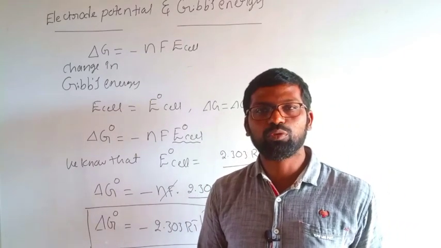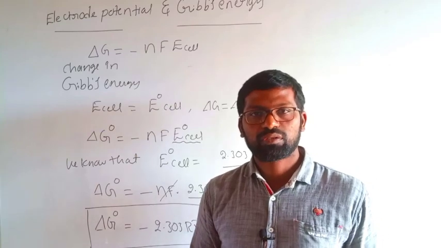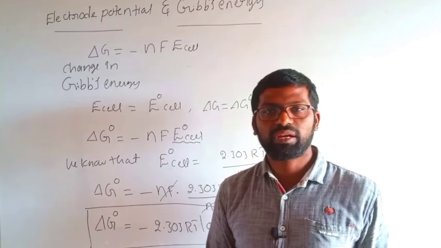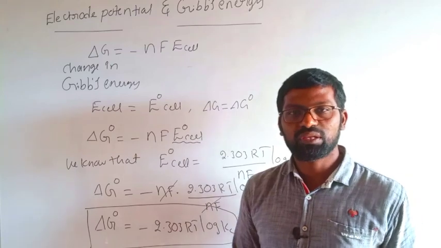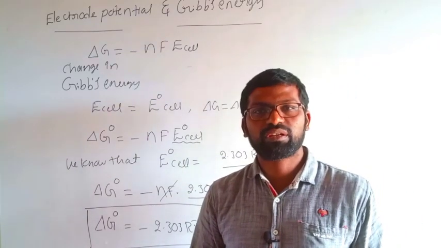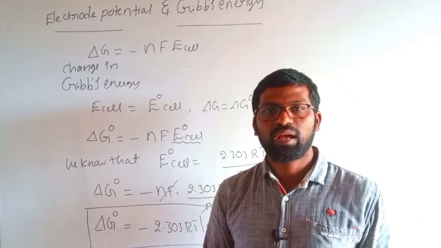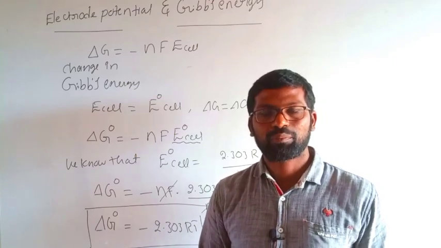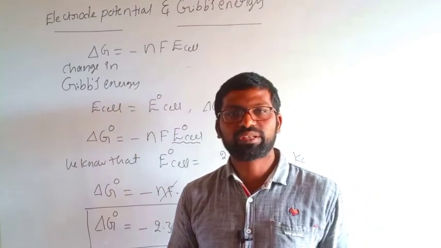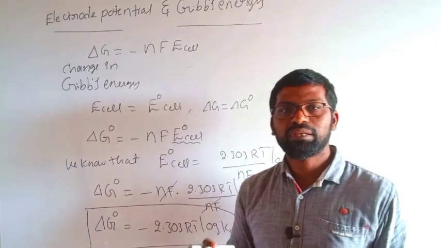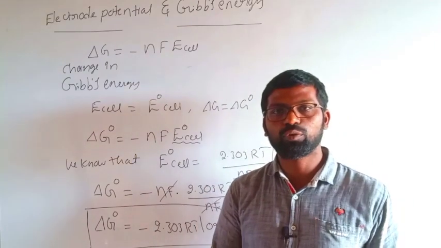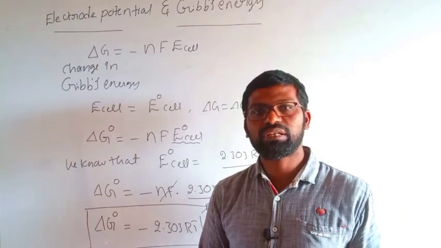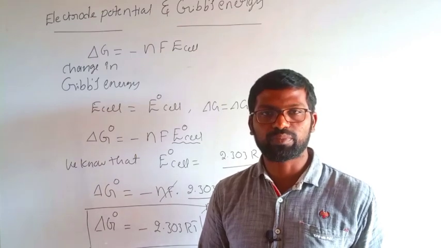When it comes to board exams, occasionally we get numericals based on these concepts. But most of the students memorize these formulas and try to solve the problems. This is not a good way. We have to understand the formula, and each and every term included in that formula. Then only can we easily solve the problems.